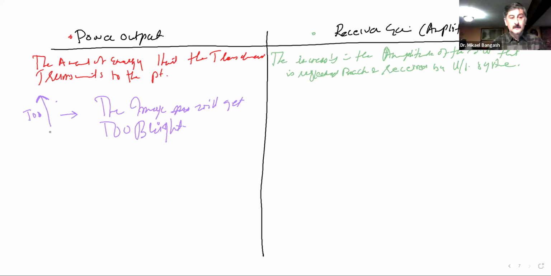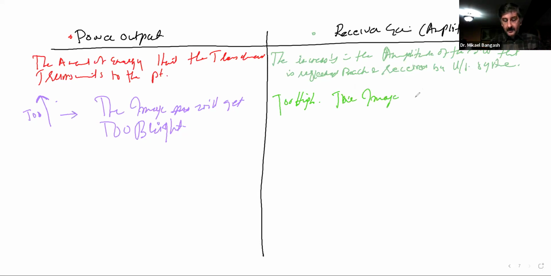Likewise, if we increased the receiver gain too high, or amplification too high, or B mode too high, that as well would cause the image to get too bright.